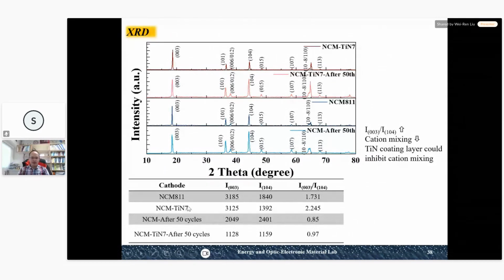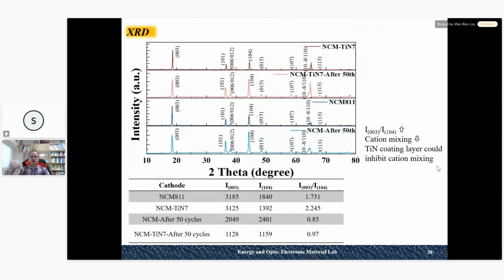However, for the titanium nitride coating for 7 minutes, it reduced from 2.2 to 0.97. It means that the titanium nitride coating layer could inhibit the cation mixing during the charge and discharge process. So that's the reason why the titanium nitride coating can enhance the cycle stability.